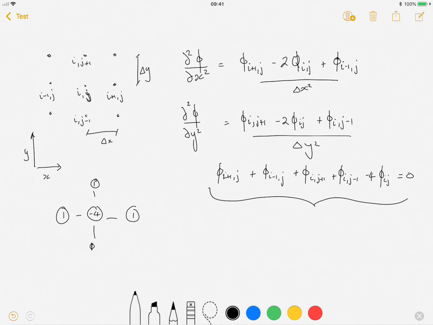So with m interior nodes in the x direction and n interior nodes in the y direction, we have m times n linear simultaneous equations for which the unknowns can be solved using our standard methods which we've learned so far. So let's look at an example and apply this solution technique.